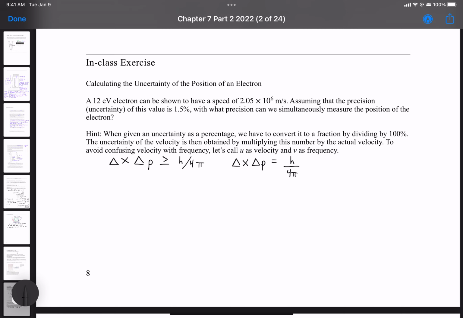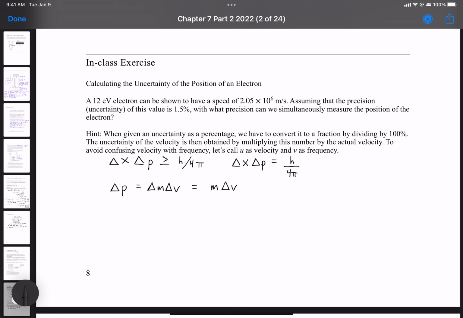Sorry, I get my letters mixed up. So my delta p is equal to delta m times delta v, since momentum is mass times velocity. We know the mass pretty well, so we don't need to put a delta sign in front of it. We could just call it delta v.